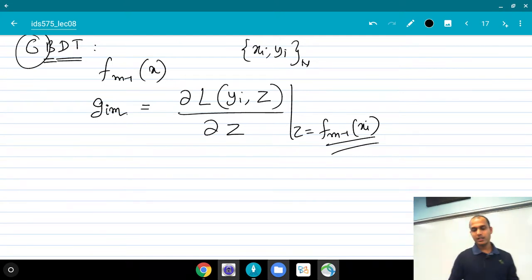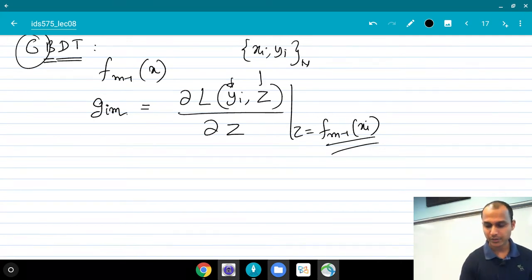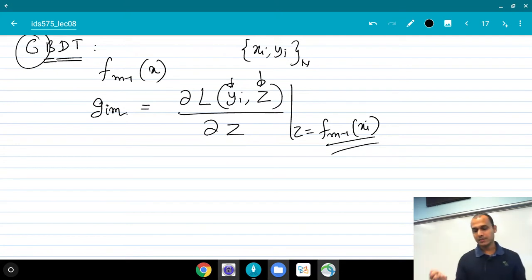Now my loss function takes two inputs, the true value and the predicted value. I'm going to take a derivative with respect to the second argument, which is a scalar. If you ignore the model part, y hat is supposed to be some number, so I'm going to ask for the gradient with respect to that number.